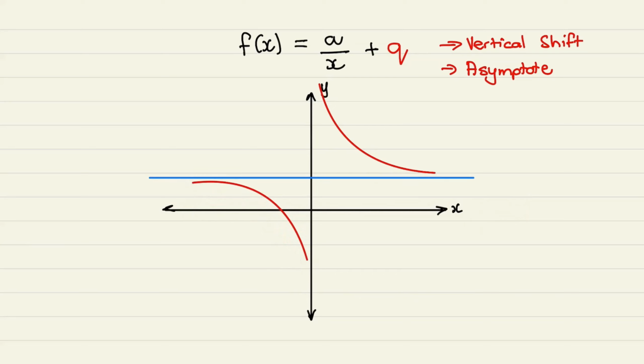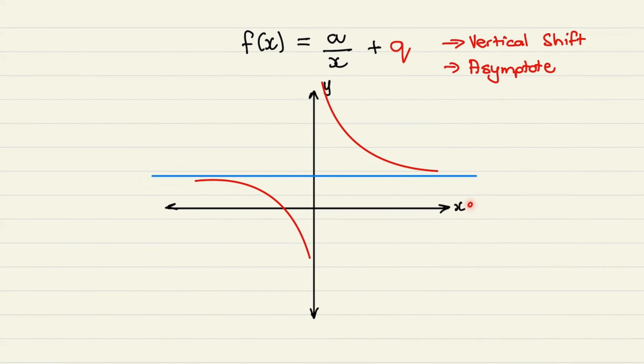Now I've moved the graph up by 1 unit. But the asymptote is still in place, though it no longer is the x-axis. It is now at y = 1, because we have shifted the graph up by 1 unit.